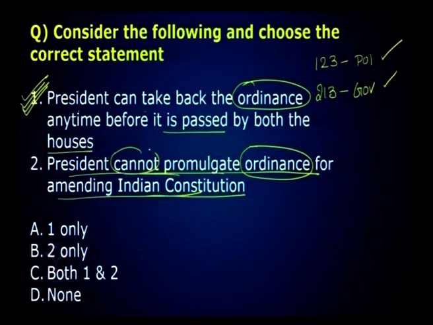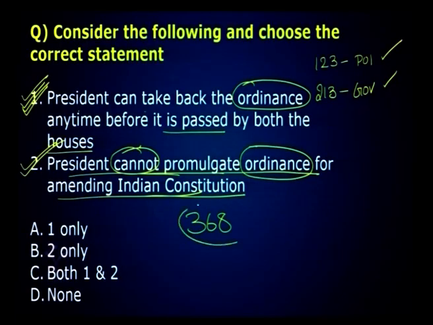See, cannot. Absolutely correct statement. An amendment of the Constitution is done only following the procedure discussed in Article 368 of the Constitution. So answer is C. Both the statements are correct.